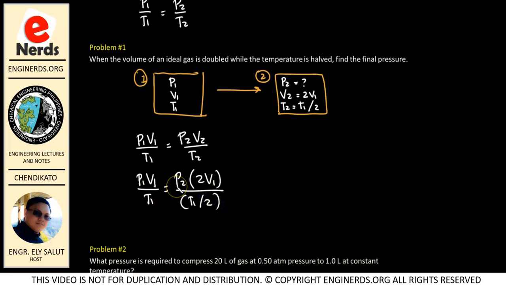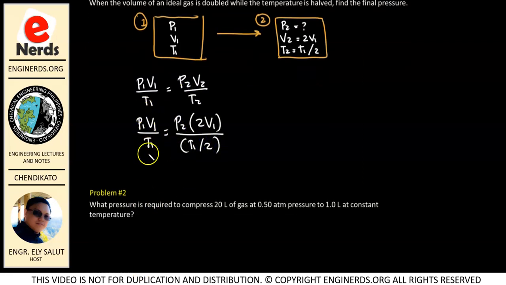Then, of course, we can simplify this. Now, we have P1 V1 over T1 is equal to P2, and then we have a denominator of 2 in our denominator. Now, we have T1 over 2 here. So, therefore, I can put this 2 in our numerator. No? So, therefore, this will be 2 times 2, which will be 4. So, 4 V1 over T1.